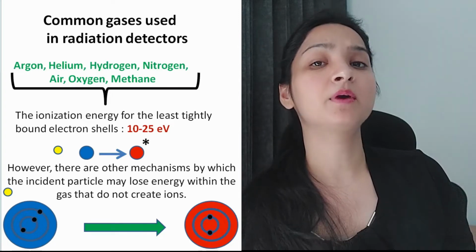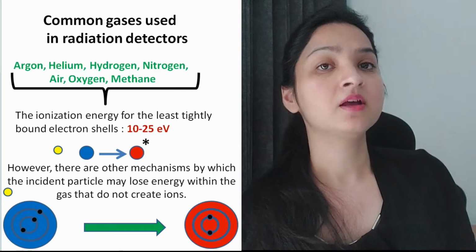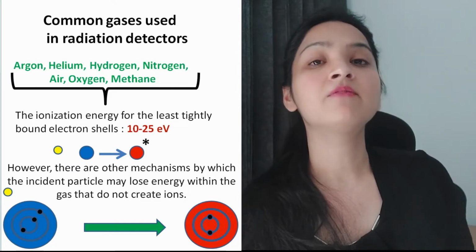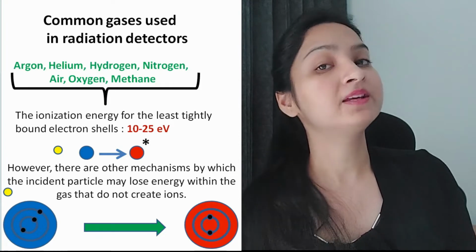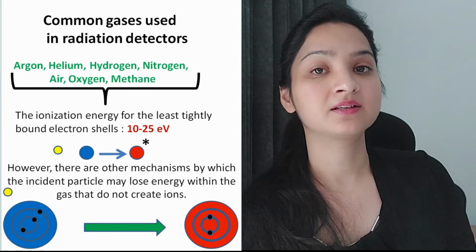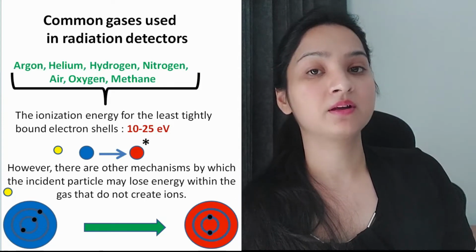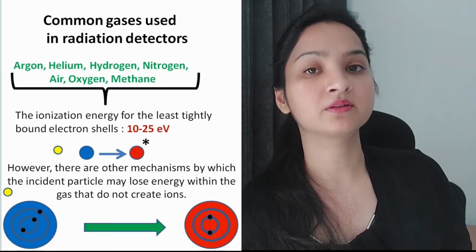It is the minimum amount of energy required for the electron to get ejected. So this means that 10 to 25 electron volt should be the energy range of the incident particle as well if you are using these gases in radiation detectors. So E minimum, the minimum amount of energy, should be 10 to 25 electron volt.